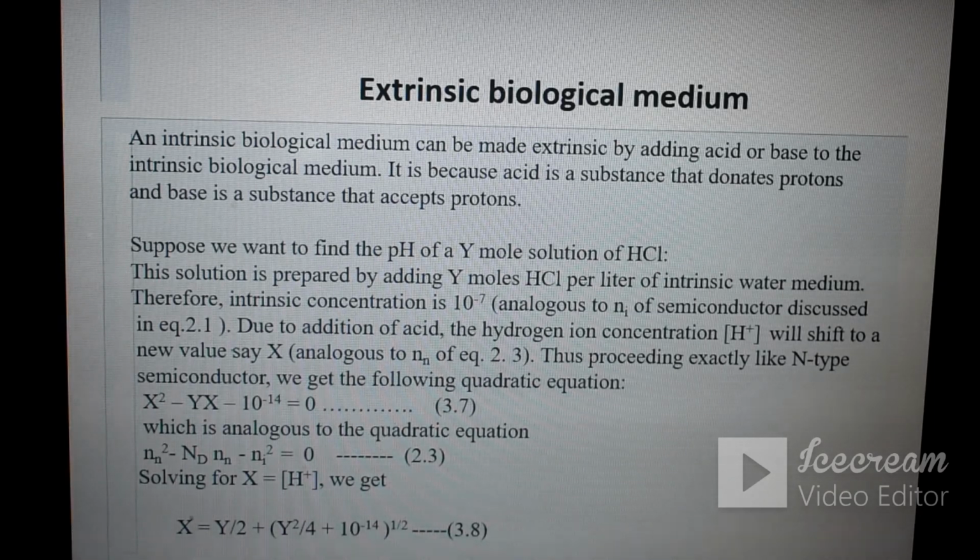Now solving for x, we get this expression. X equal to Y by 2 plus the square root of Y squared by 4 plus 10 to the power minus 14, equation 3.8.